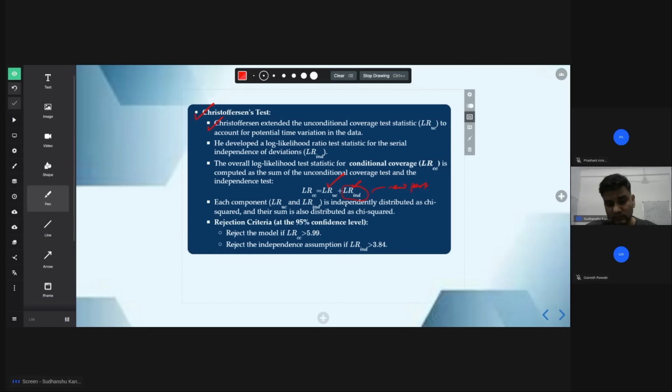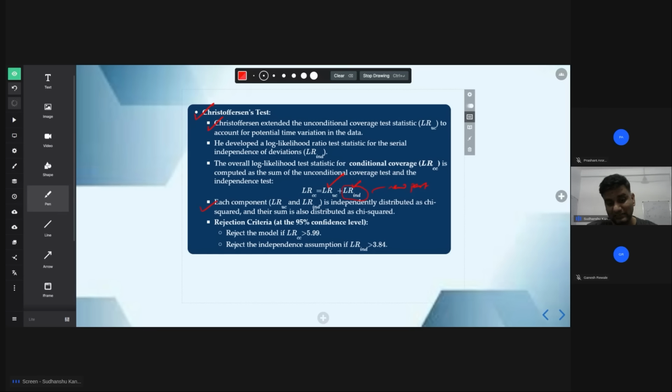Each part, LRUC and LRIND, follows the chi-square distribution with 1 degree of freedom. The combined test LRCC follows the chi-square distribution with 2 degrees of freedom. LRUC checks if the number of exceptions matches your expectation.